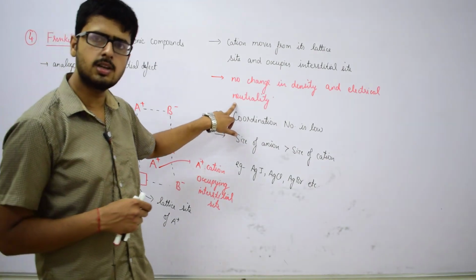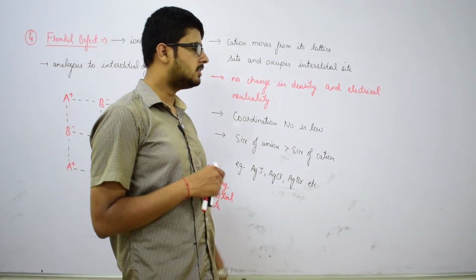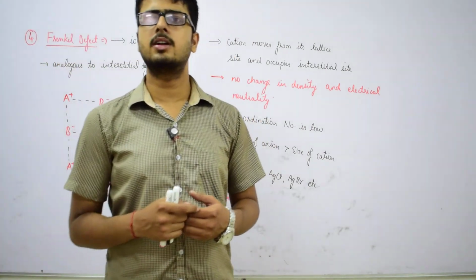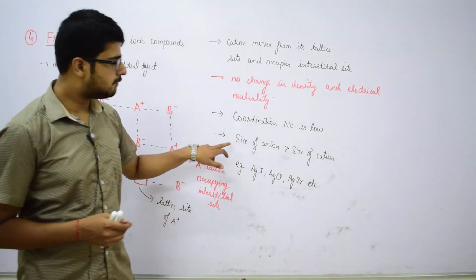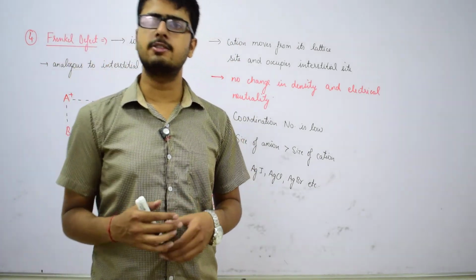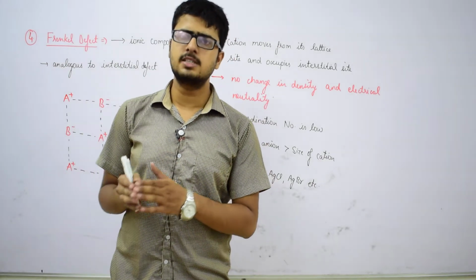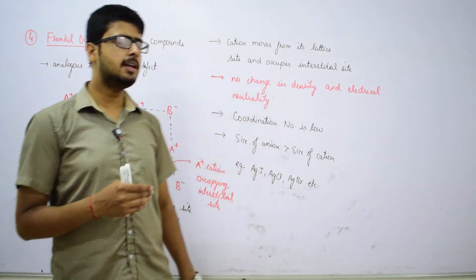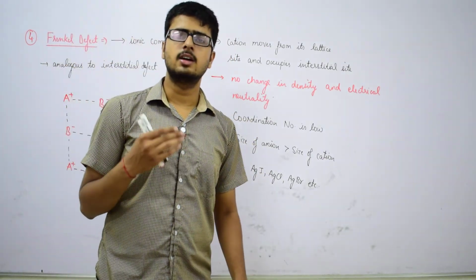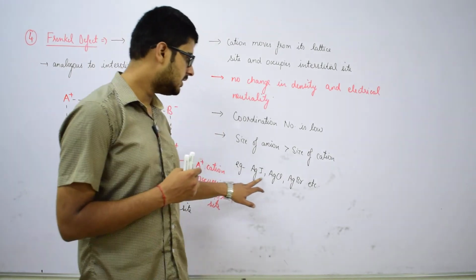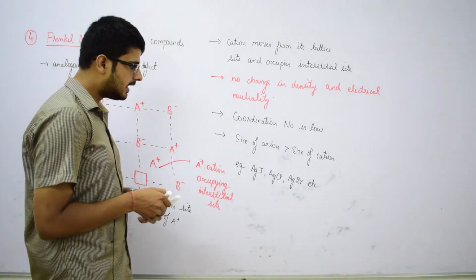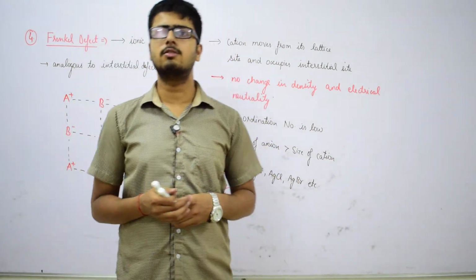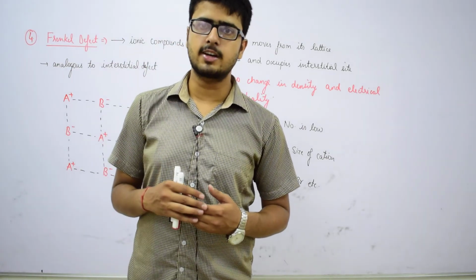The third point is, this kind of defect exists in those ionic compounds in which coordination number is low. The fourth point, for the existence of Frenkel defect, the size of anion should be greater than size of cation, and mainly this type of defect is found in silver halides like AgI, AgCl and AgBr, and AgBr is a compound in which both the types of defects exist, that is Schottky defect and Frenkel defect.